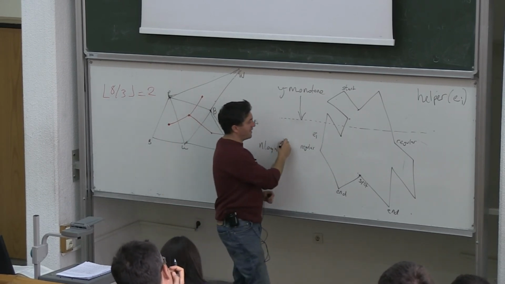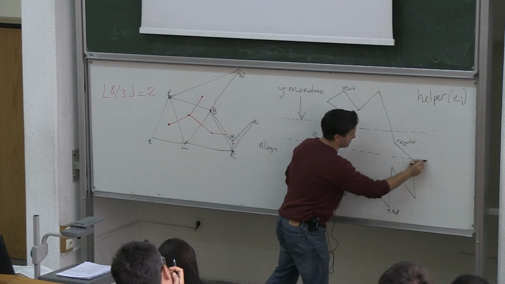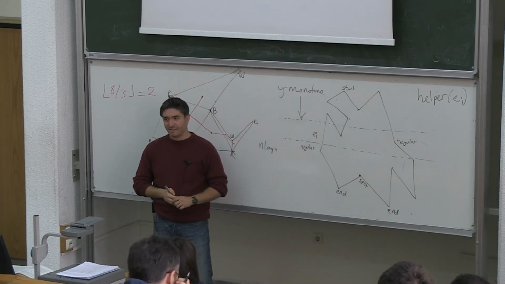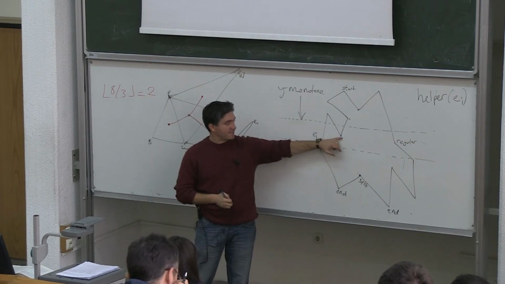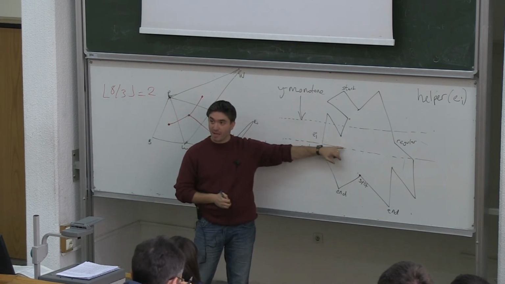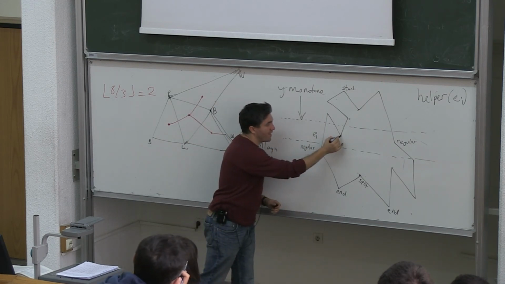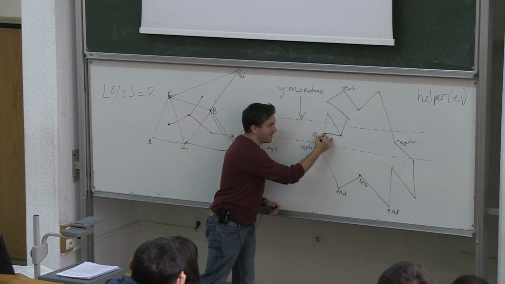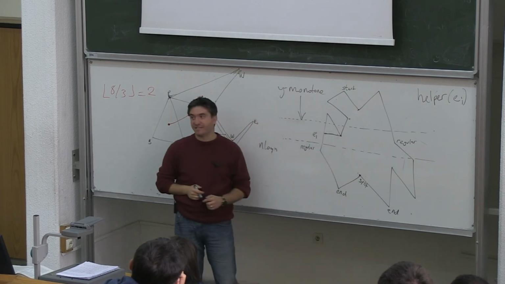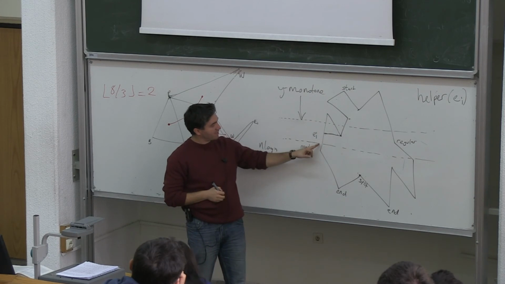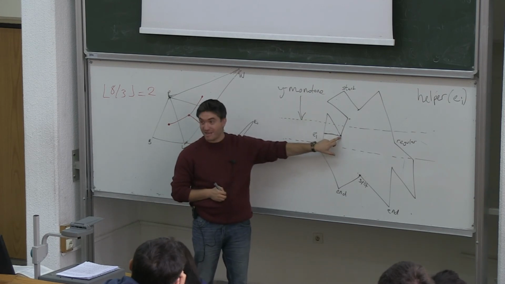If my sweep line is here, the helper vertex is defined as the vertex that is closest to the sweep line, and also, if you connect this vertex to this edge with a horizontal line segment, this line segment is completely inside the polygon. So for example, the helper vertex of this edge is going to be this.